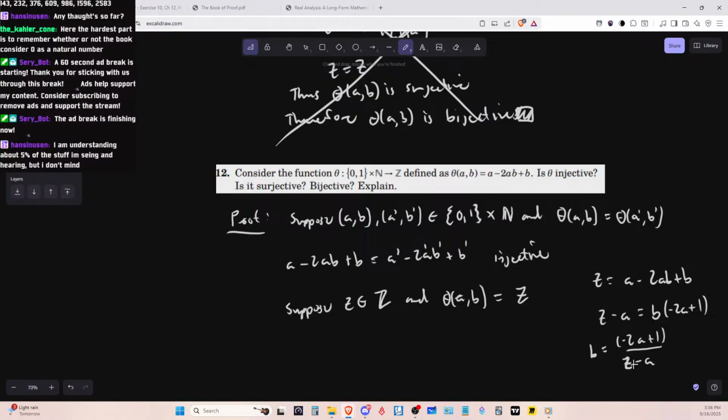If A is 0 and Z is 0, then that gives us an undefined answer. So I think it's not surjective. So let's see, not surjective, I think.